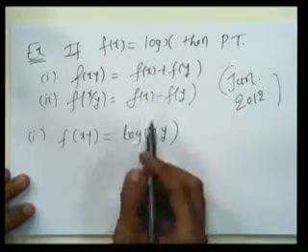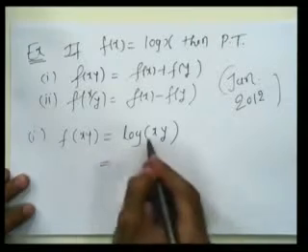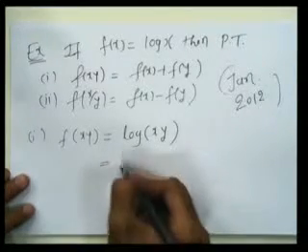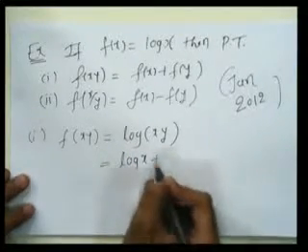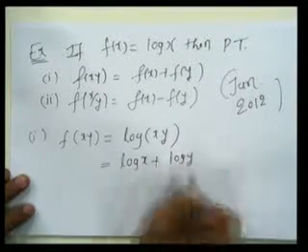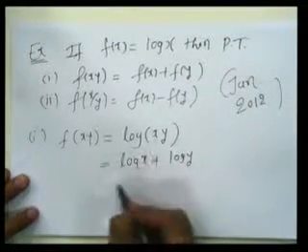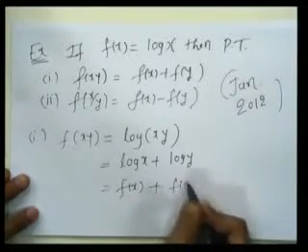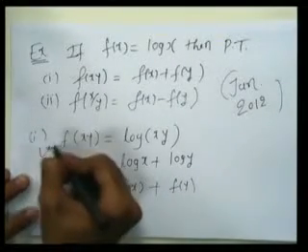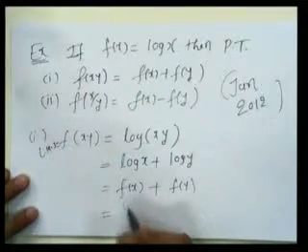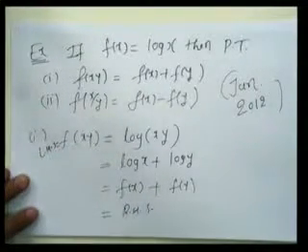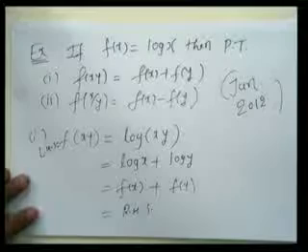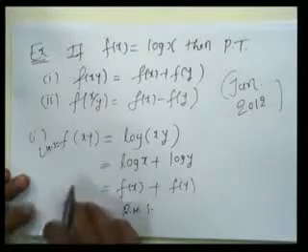So as per our logarithm formula, log xy is equal to log x plus log y, and log x is equal to f of x and log y is equal to f of y. So this is our left hand side and this is our right hand side.